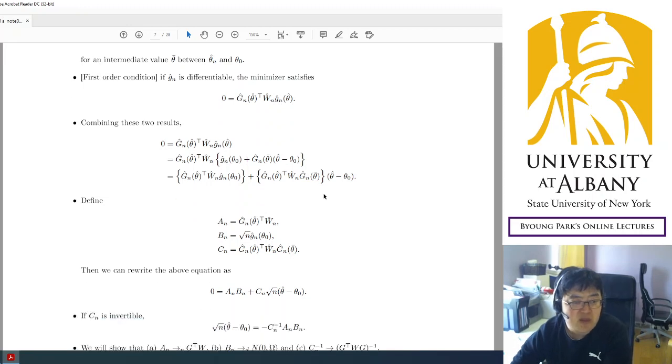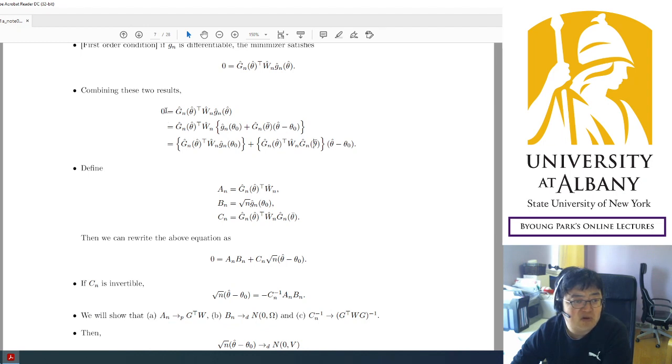So then, using this notation, you can rewrite this complicated form into this. So remember, we are interested in this guy, so we are going to investigate A, B, C, right? And I gave you the basic ideas.